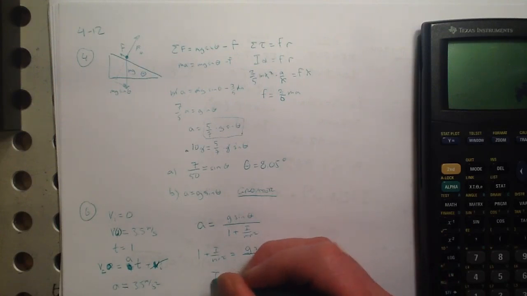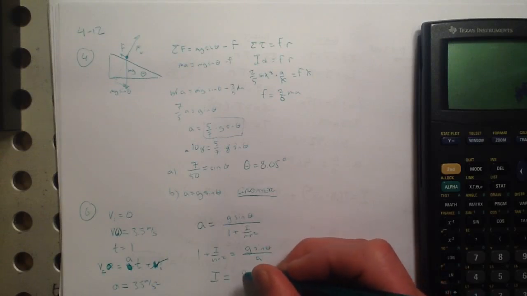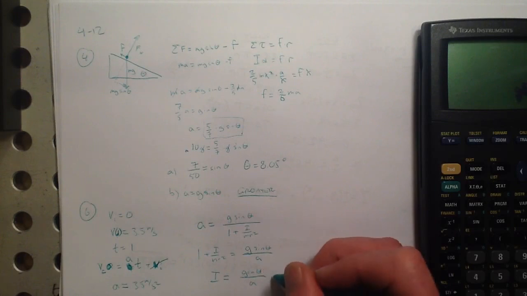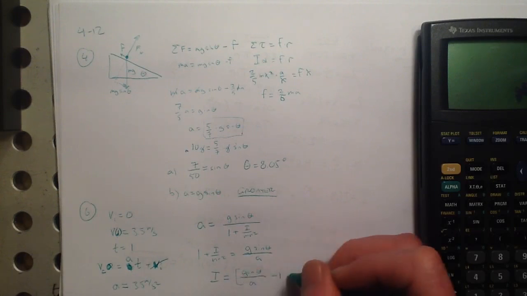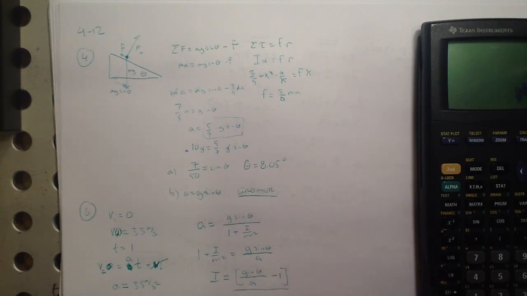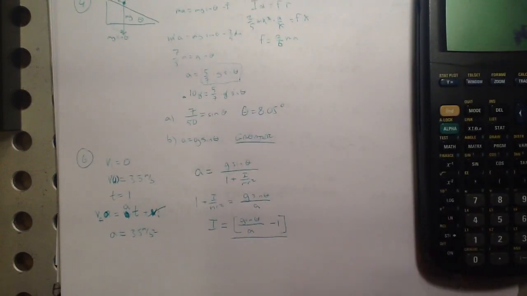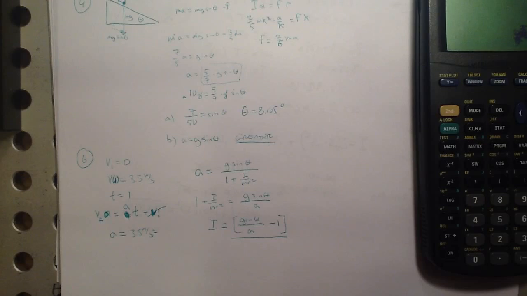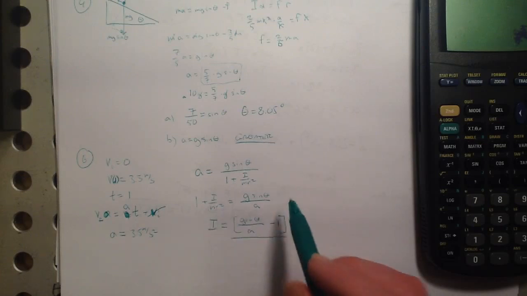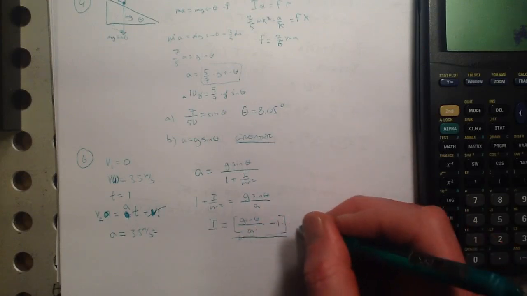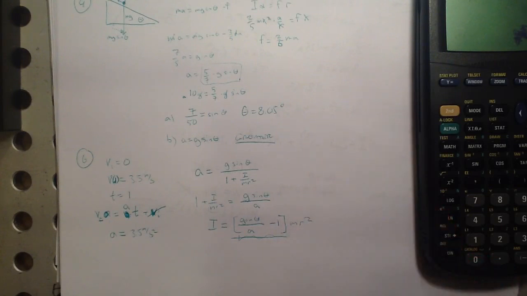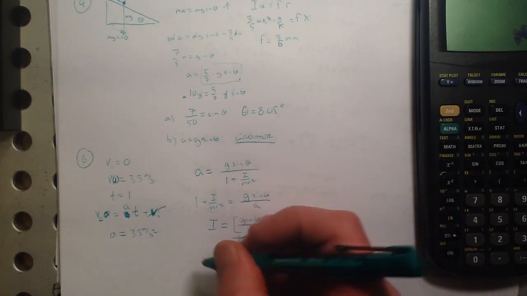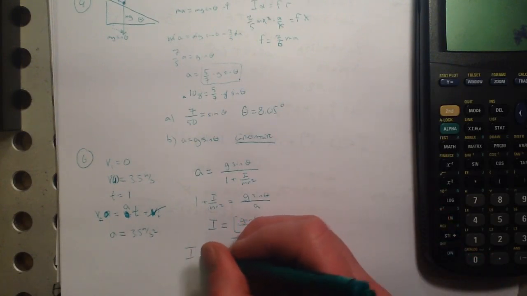So that's going to give me I is equal to g sine theta over a minus 1, that whole thing times mr squared. So I think I go ahead and plug in my numbers now.